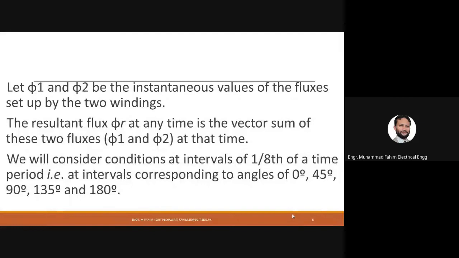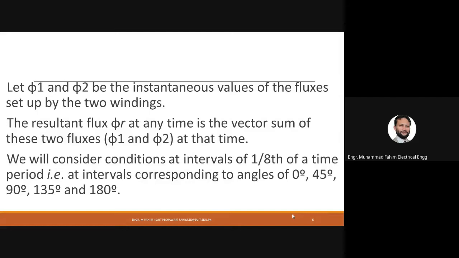Let phi 1 and phi 2 be the instantaneous values of the fluxes set up by the two windings. The resultant flux phi r at any time is the vector sum of these two fluxes, phi 1 and phi 2, at that time.